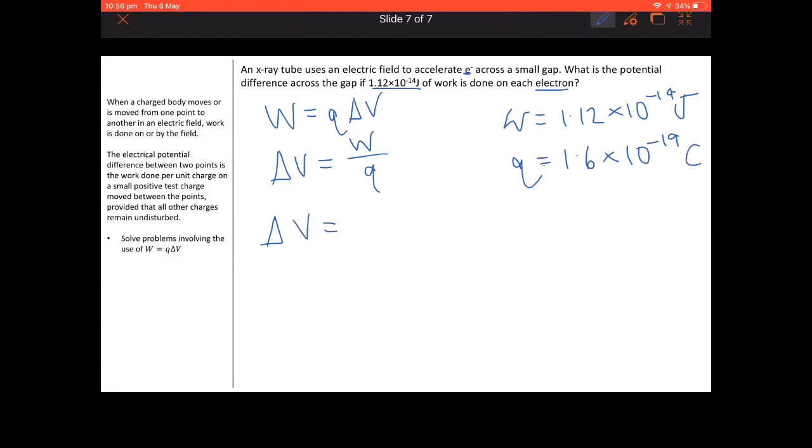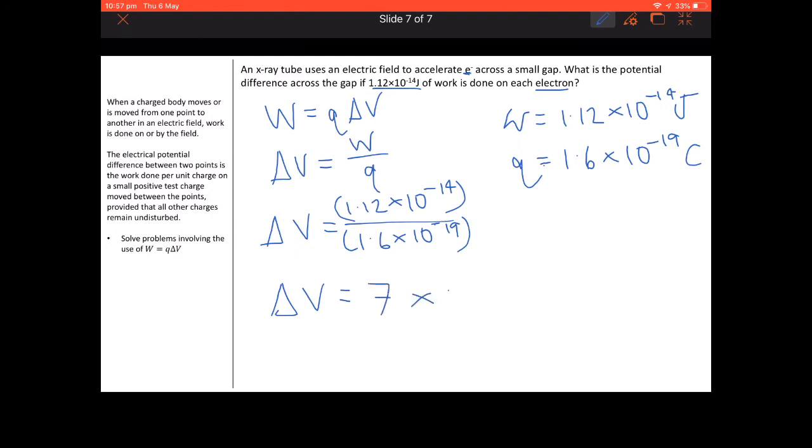So 1.12 by 10 to the negative 14 joules divided by 1.6 by 10 to the negative 19 coulombs, and that will give us a potential difference of 7 by 10 to the 4 volts, which is 70,000 volts.